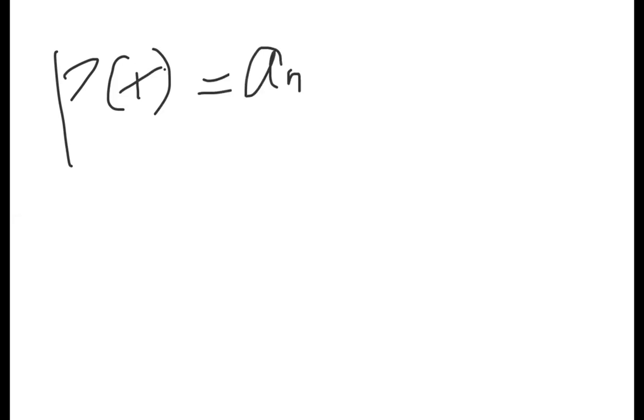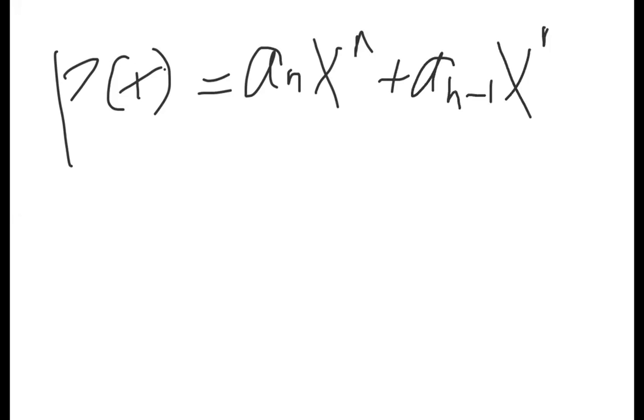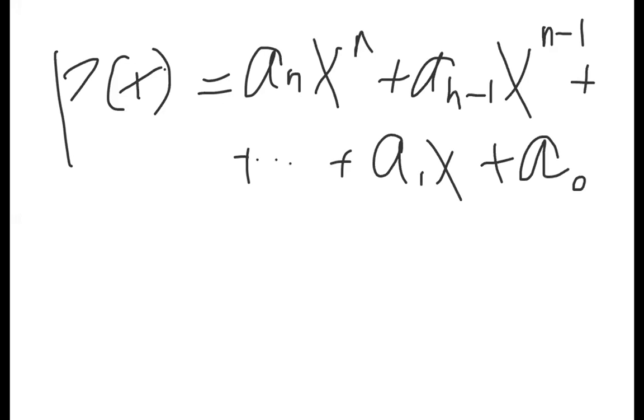Remember how we define a polynomial, P(x)? You have a coefficient and some power of x, another coefficient with another power of x, and you add them together all the way to the coefficient for the first power of x, and finally the zero power of x, which is a constant.